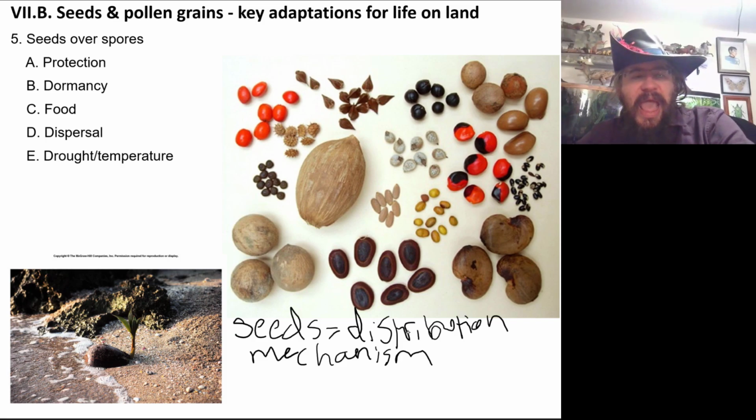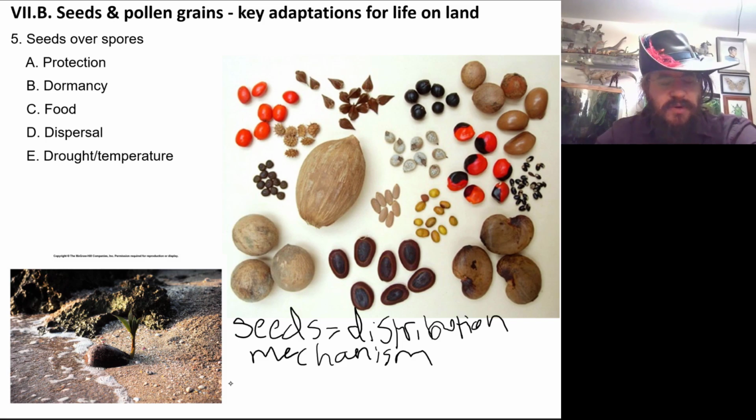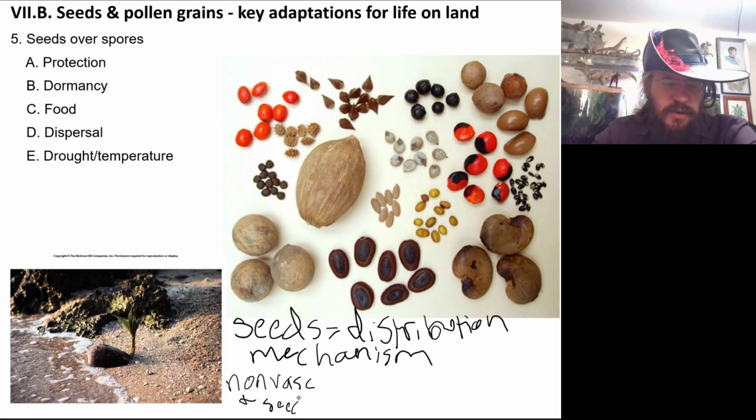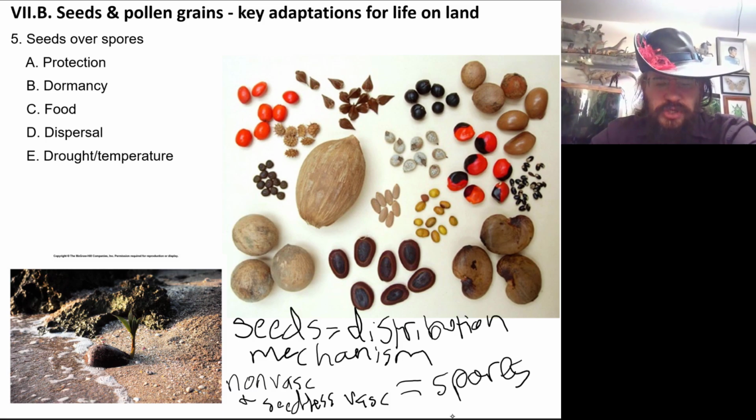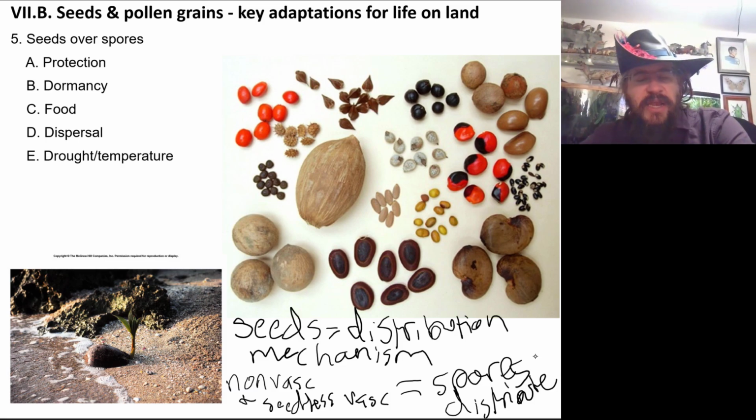In mosses and the seedless vascular plants, so in the non-vascular plants and the seedless vascular plants, the mechanism for distribution was spores. So non-vascular and seedless vascular plants, spores distribute the plants. What's the advantage here? Seeds over spores.